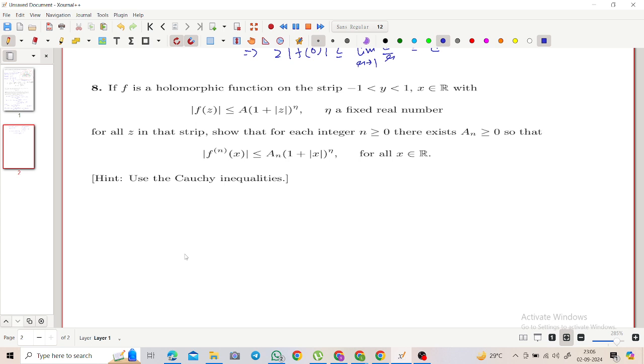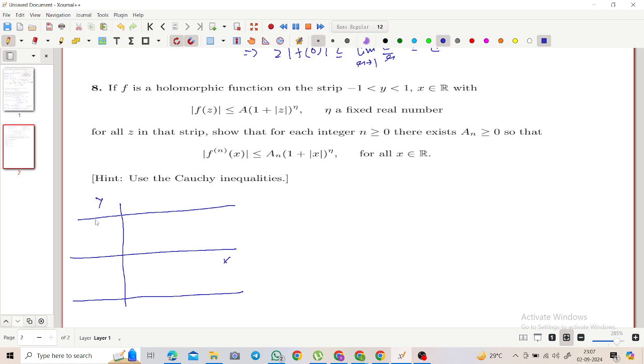Okay, so let's draw the picture first. f is holomorphic inside this strip for all x belonging to R, and f(z) satisfies this inequality where eta is a fixed real number, for all z in that strip.